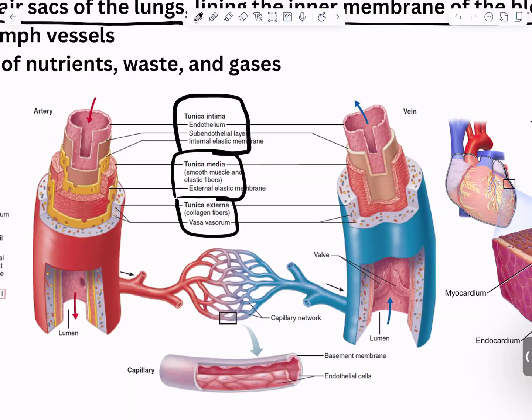Remember, tunica intima has epithelial tissue, and the type of the epithelial tissue is simple squamous epithelial tissue. Why should we have epithelial tissue in the innermost layer of the blood vessels? We have the contact with the blood here. So it's lining the lumen. So that's the important thing to remember.